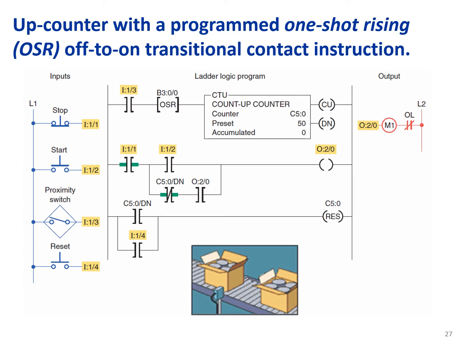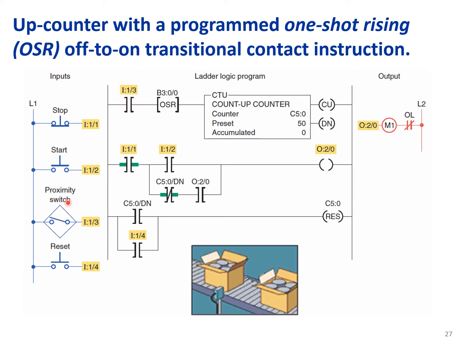Up counter with the one-shot rising off-to-on transitional contact instruction. In this program we have stop, start, a proximity sensor and a reset push button. The proximity sensor, as you can see in the picture, sends a pulse whenever boxes pass by it.